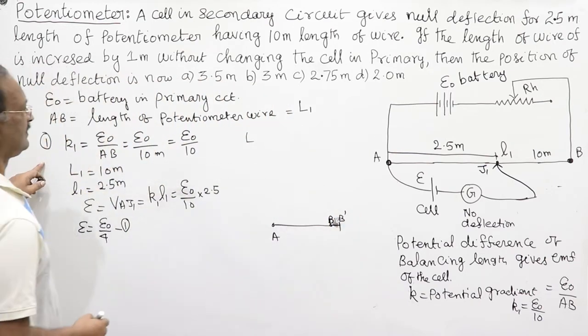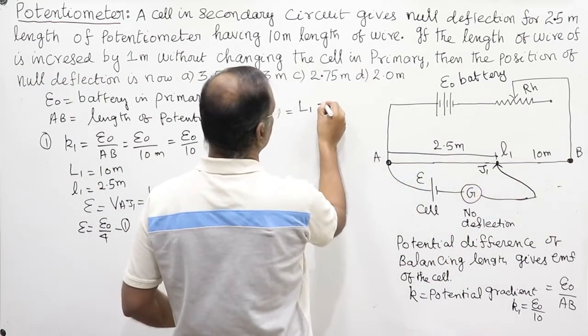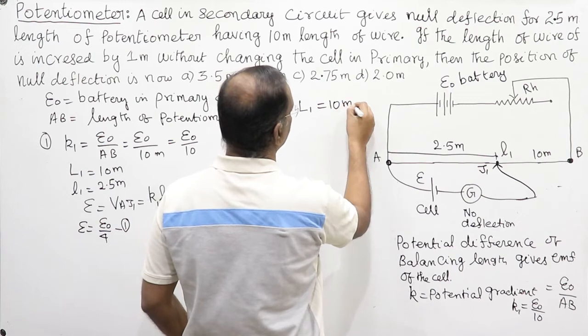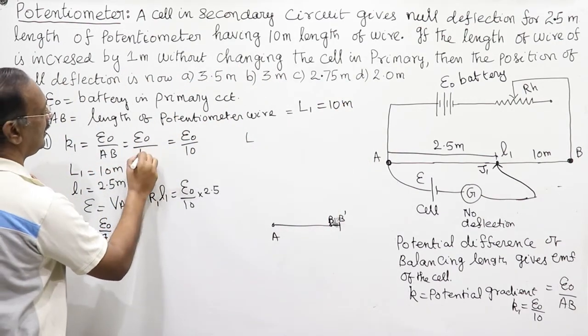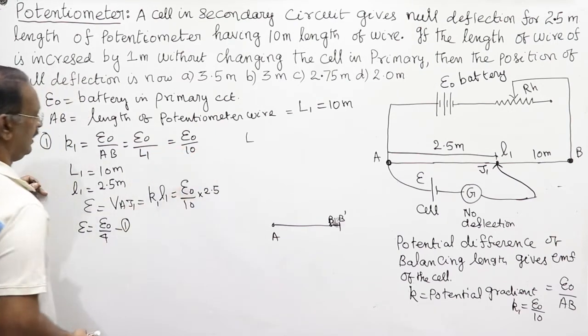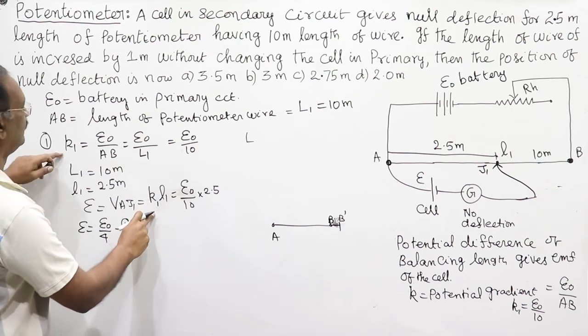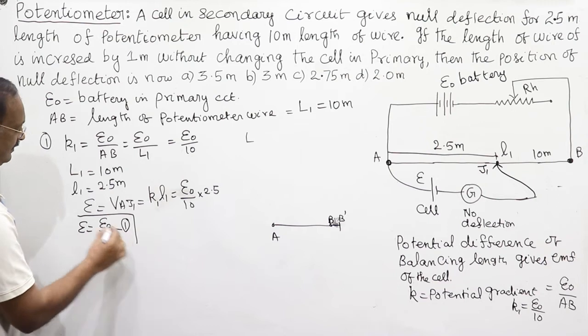Initially the length is 10 meter, and epsilon naught by 10 is K1, which multiplied by L1 gives the first equation.